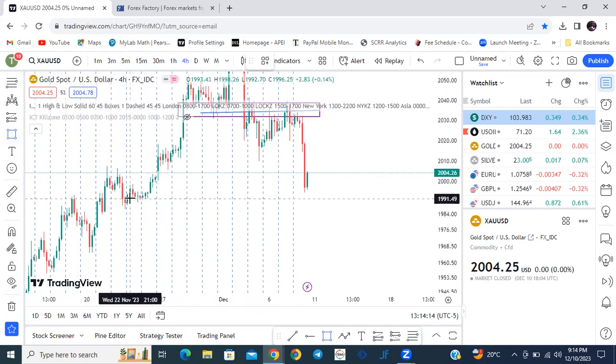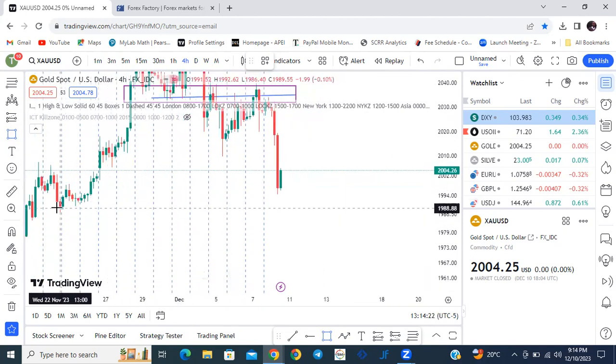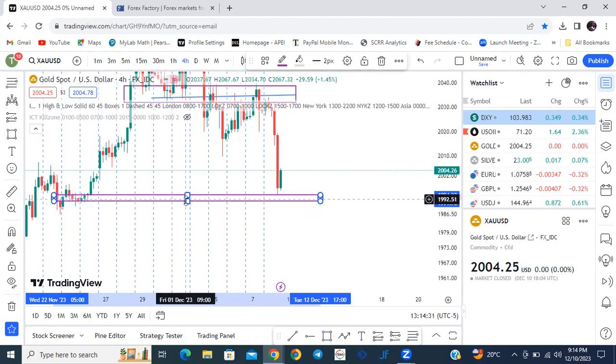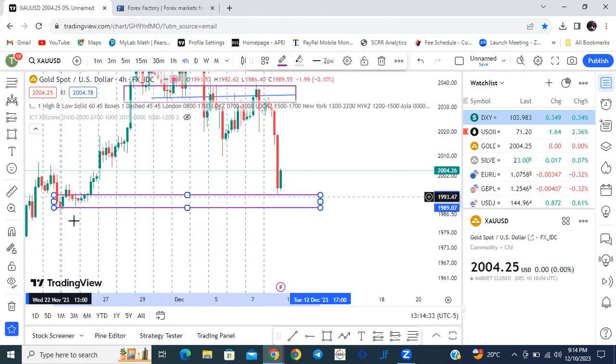Let me expand the price so that you can see clearly. We have this area, which is more of an area of support, and the price bounced off from that.